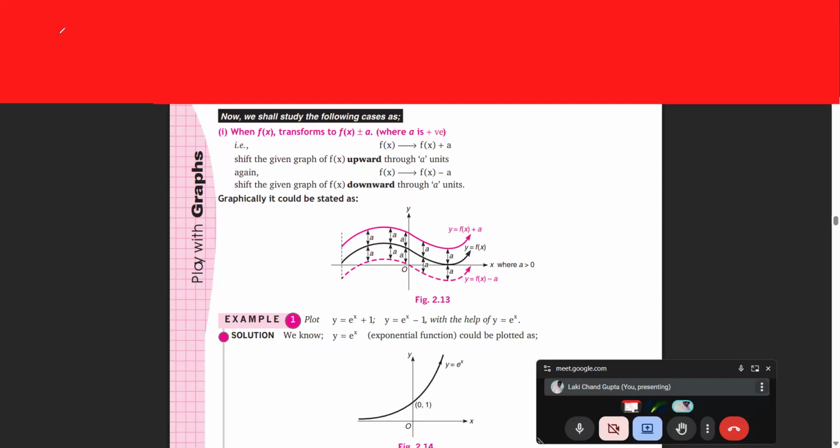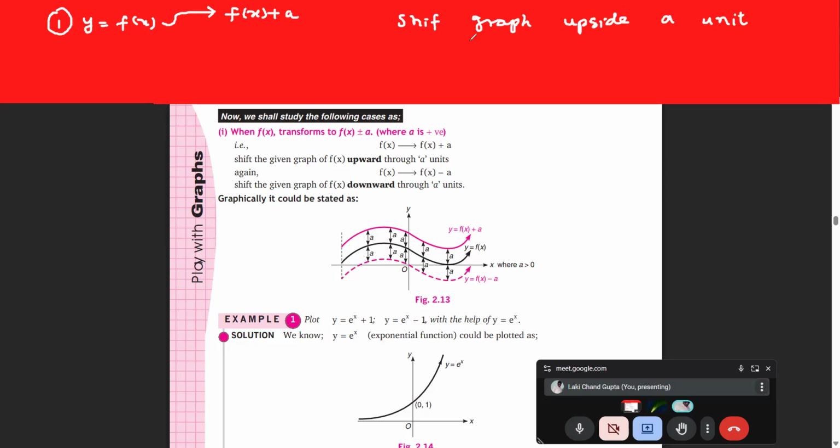Okay, so whenever a graph is y is equal to f(x), if f(x) is increased by a, then shift the graph upward a units. I already told you yesterday, but today I will tell you with an example. Shift the graph upward a units and shift the graph downward a units.